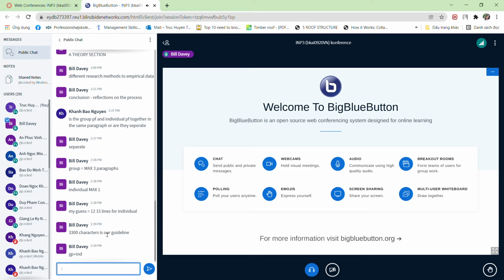If you as a group decide that you want an introduction of, shall we say, 5,000 characters, you have to remember that you only have 19,000 left for everything else.